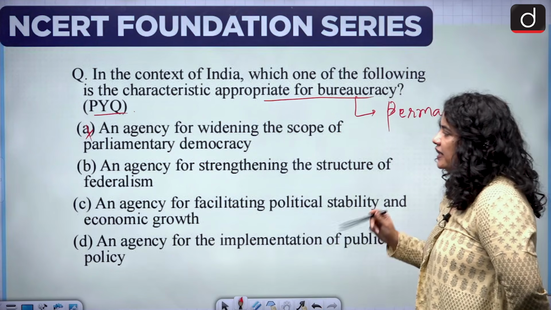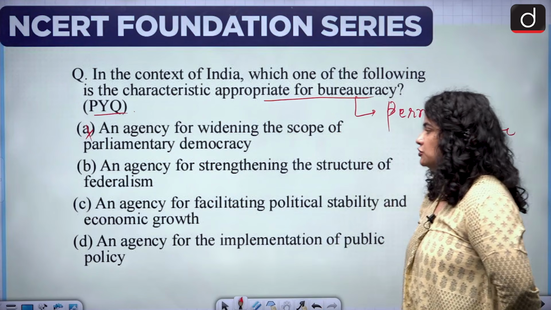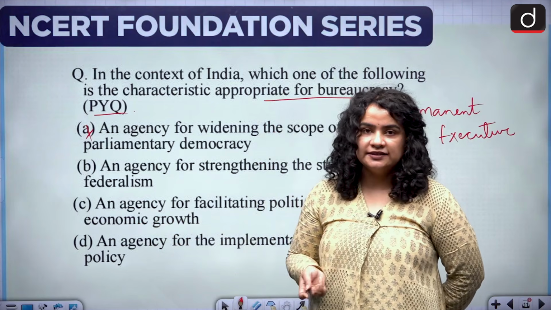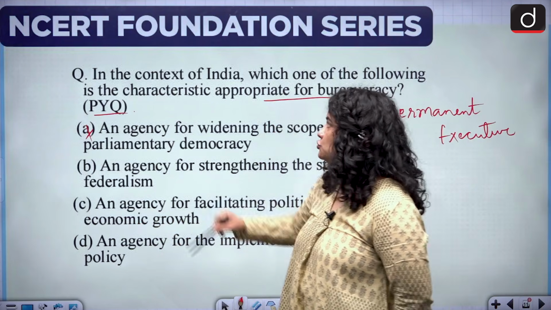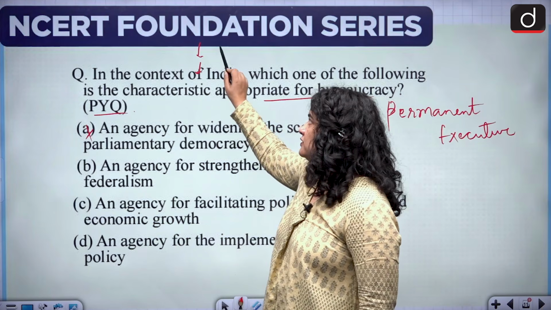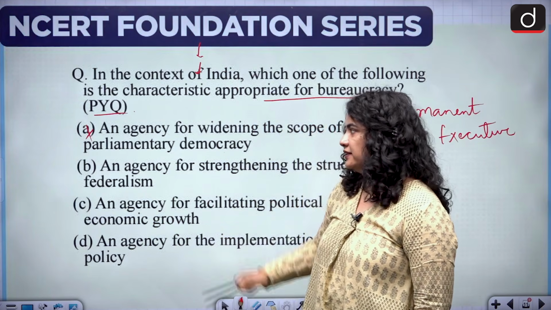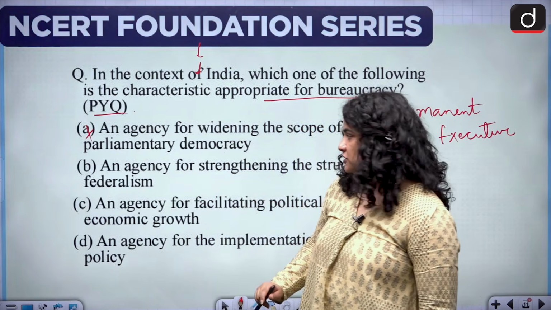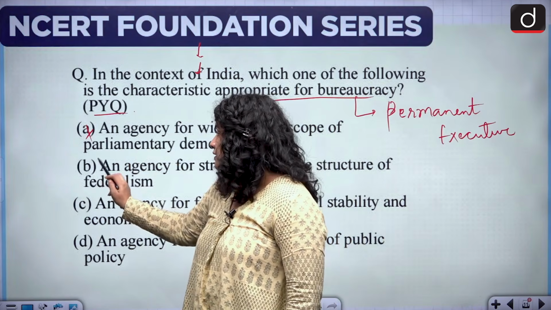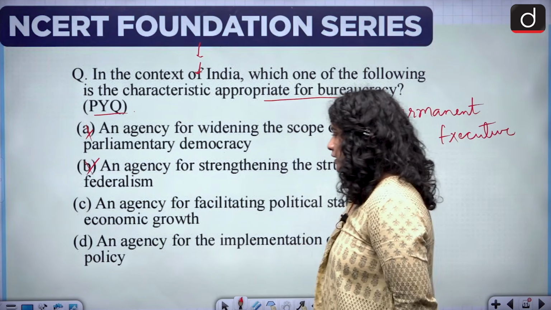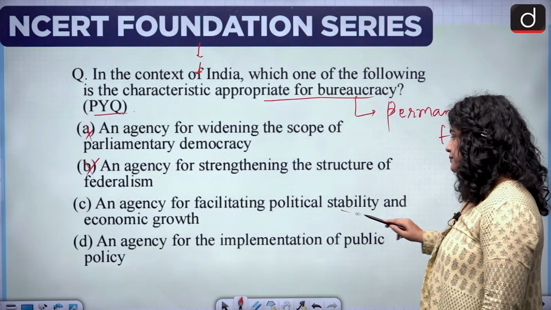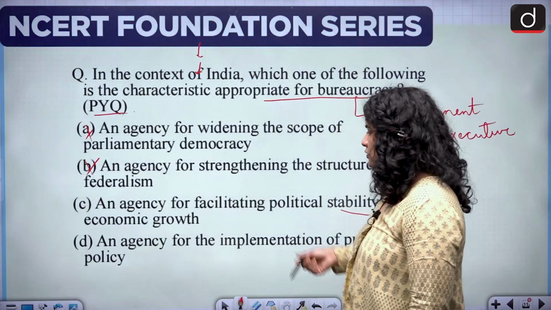Option B says an agency for strengthening the structure of federalism. See, federalism, as we discussed in previous lectures, has to do with the vertical division of powers between center and states. This really does not have to do with bureaucracy so much, at least not directly. So this we will rule out. Now option C says an agency for facilitating political stability and economic growth. No, not really.